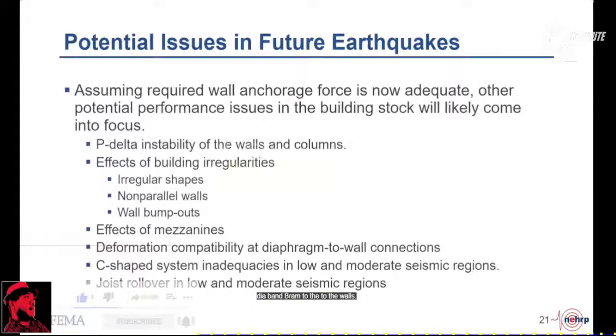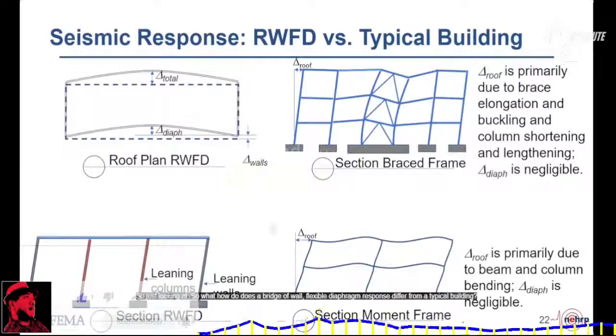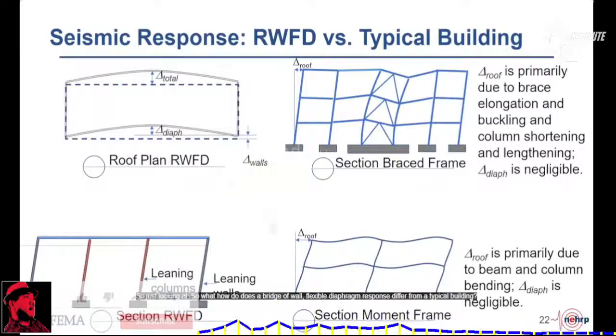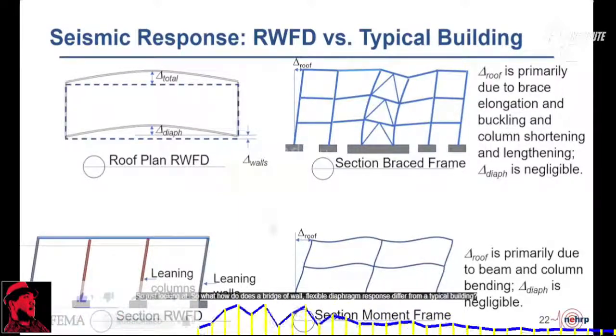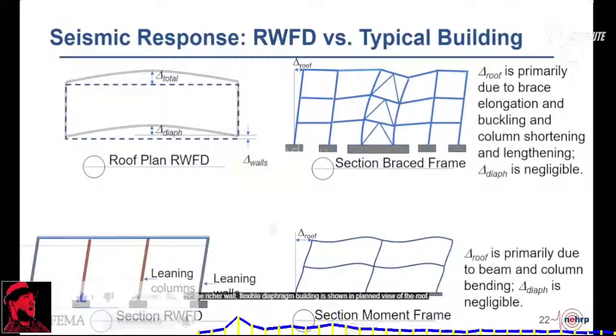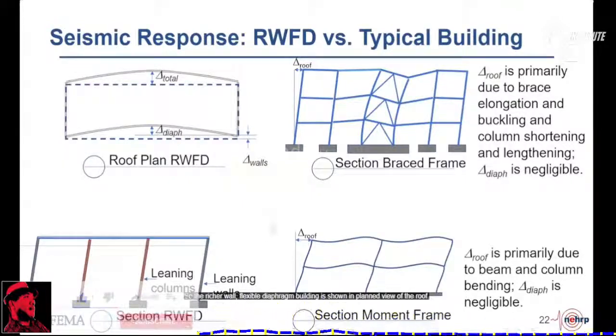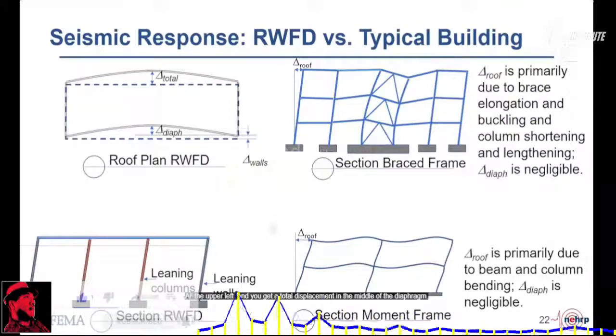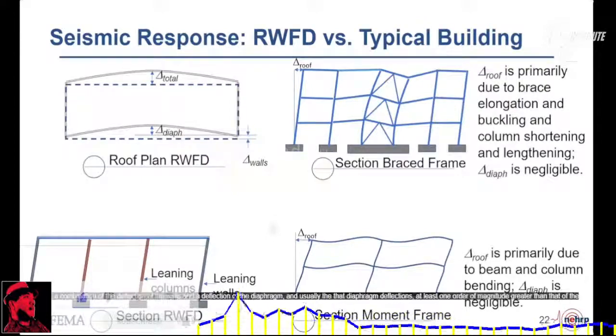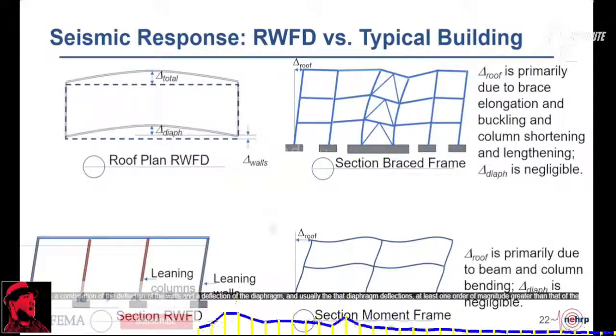So just looking at, how does a rigid wall flexible diaphragm response differ from a typical building? The rigid wall flexible diaphragm building is shown in plan view of the roof on the upper left, and you get a total displacement in the middle of the diaphragm that's a combination of the deflection of the walls and the deflection of the diaphragm.